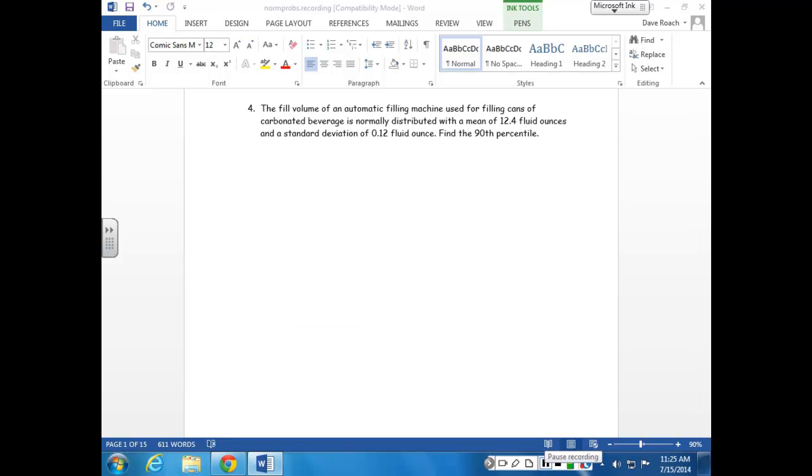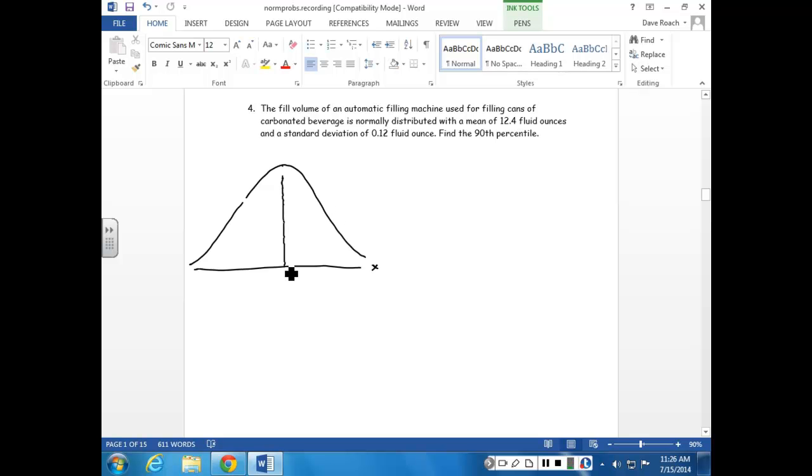Okay, the next one is a little bit more difficult for most students. It's not that hard, but students do find it a little bit more difficult. We still have the same basic distribution with a mean of 12.4 and a standard deviation of 0.12.